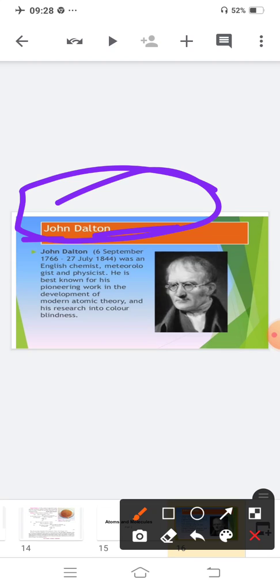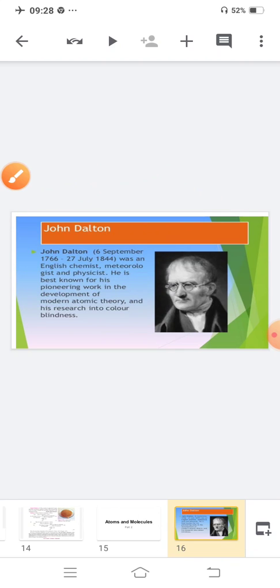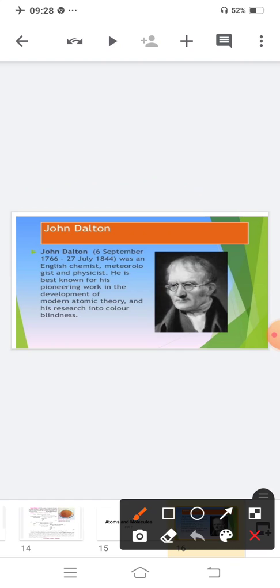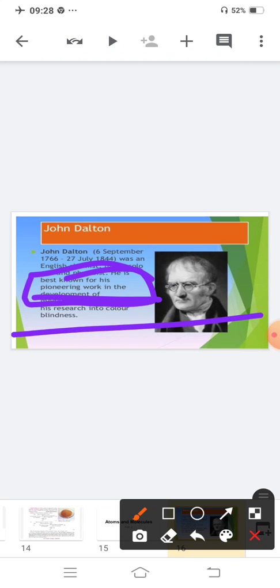He was an English chemist, meteorologist and physicist. He is best known for his pioneering work in the development of modern atomic theory and his research into color blindness. His main work was research on modern atomic theory and color blindness.